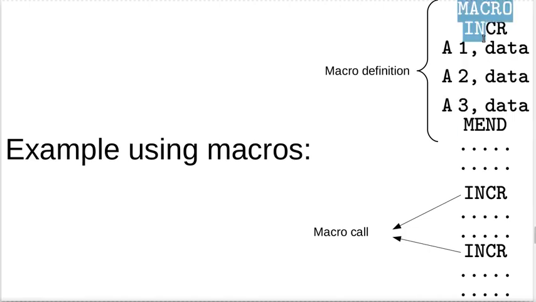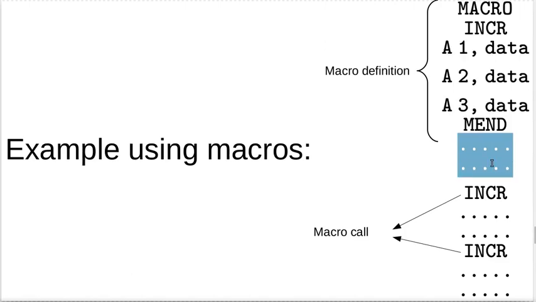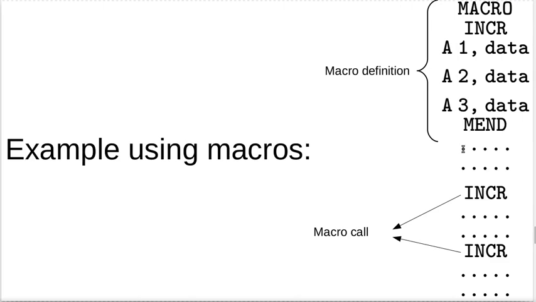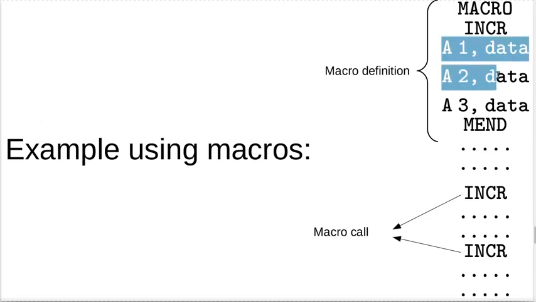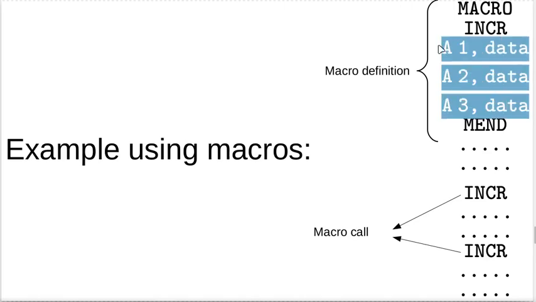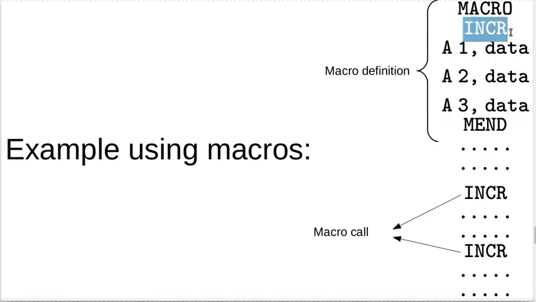Now once we have this macro definition, this can be followed by any number of any instructions, right? Please make sure that you understand this is a part of the program, and this can be followed by any number of any instructions. But whenever we find that this sequence of instructions is occurring, that we need to use this sequence of instructions, we will simply write its name in that place. We will simply write the name INCR in that place, right?